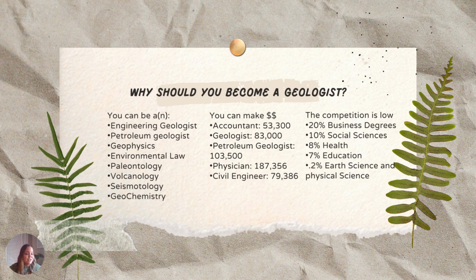You can do volcanology. You can go to Hawaii and be a volcanologist on the Hawaiian volcanoes and study their chemistry. There's all kinds of things that you can do. And you can make quite a bit of money, depending on what you're looking at. But the standard geologist makes $83,000 a year. Petroleum geologists make a lot more money because it's a very lucrative business. It's not great for the environment, but it's lucrative.